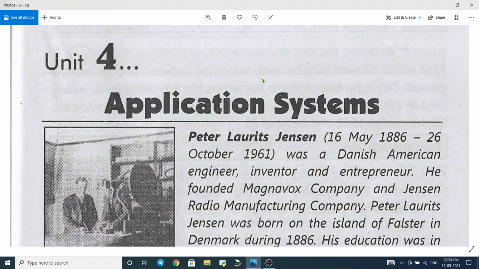So far we have seen 3 chapters, and now this is the last chapter, number 4, application systems. So analog application systems, we want to study some of the analog application systems.